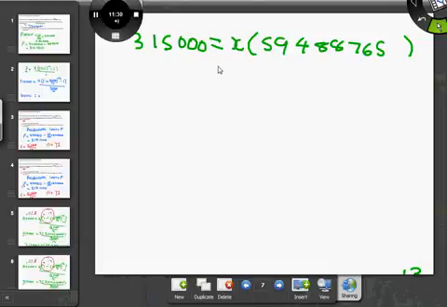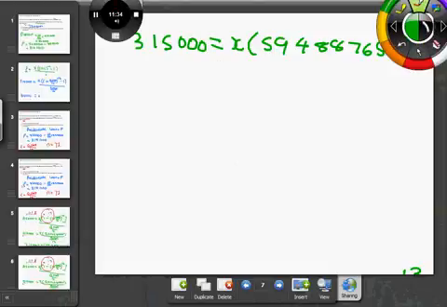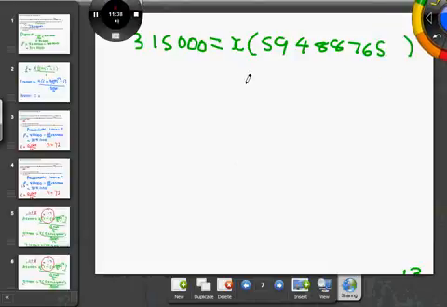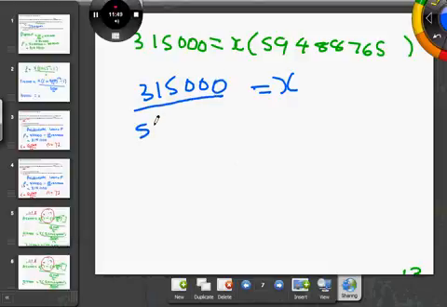So obviously, to work out our x, X is going to be equal to 315,000 divided by 59,488765. So this is what we're going to do.